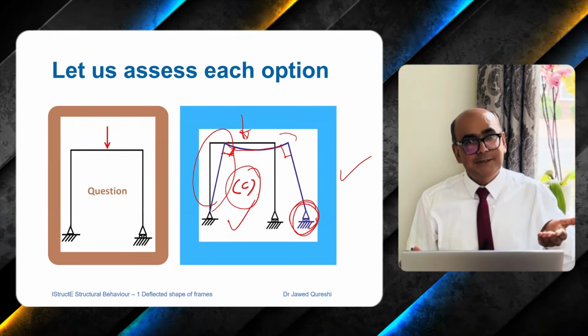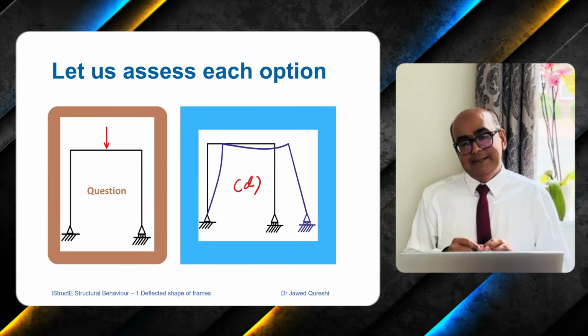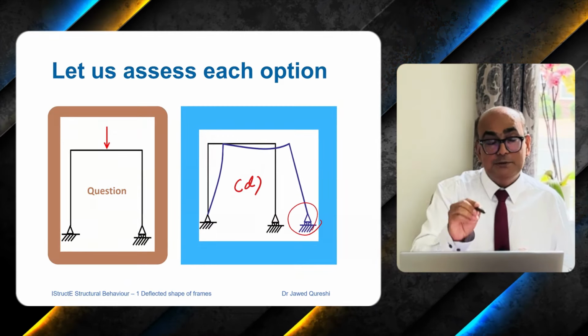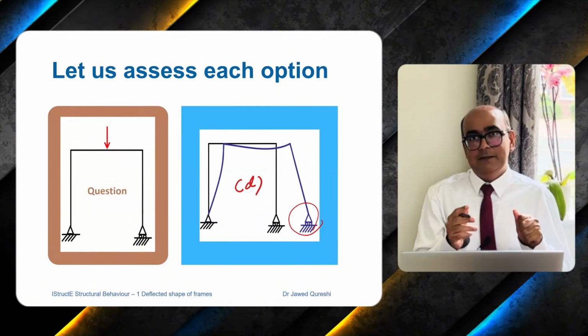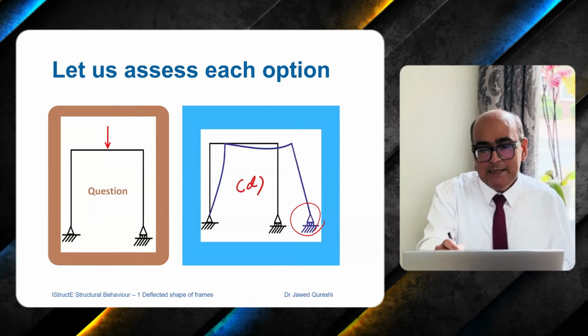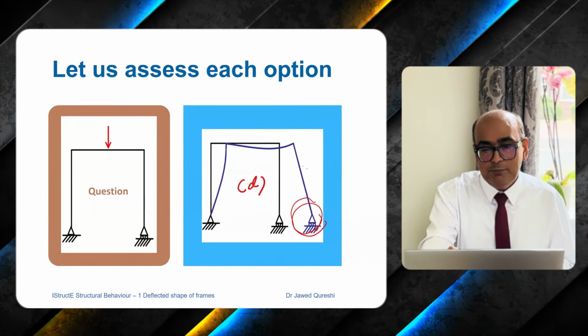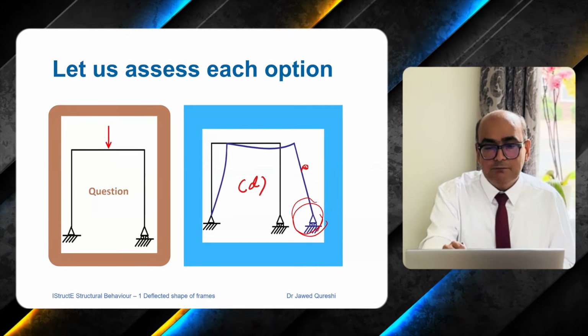Now how about option D? In option D, these two options are very close. Now you have to be very careful in seeing the subtle differences. Here, this is moving right, this is fine. No deformation is happening in this column, this is fine.